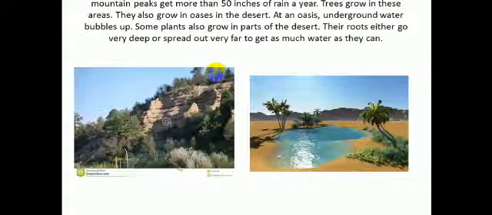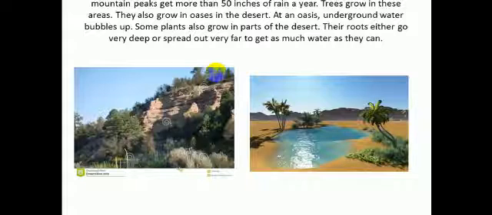They also grow in oases in the desert. At an oasis, underground water bubbles up. Some plants also grow in parts of the desert. Their roots either go very deep or spread out very fast to get as much water as they can.